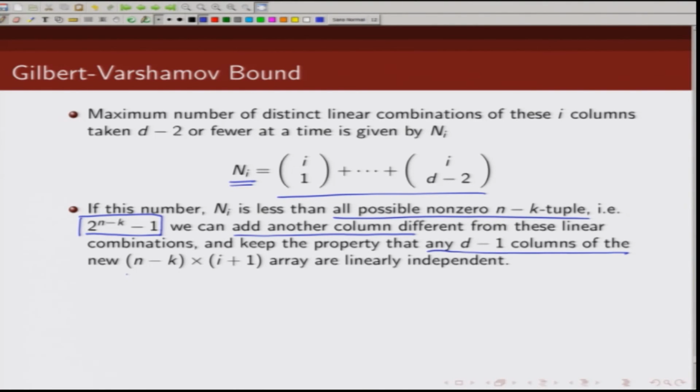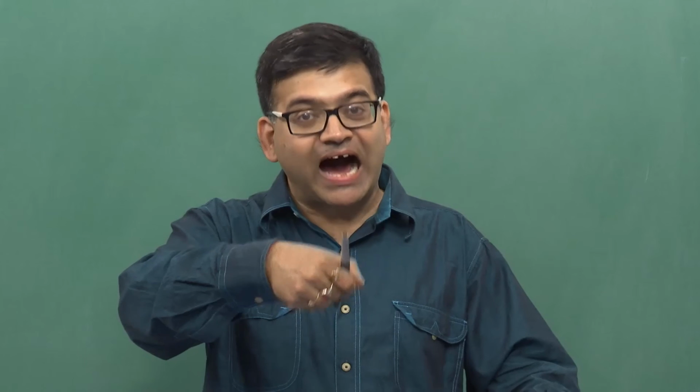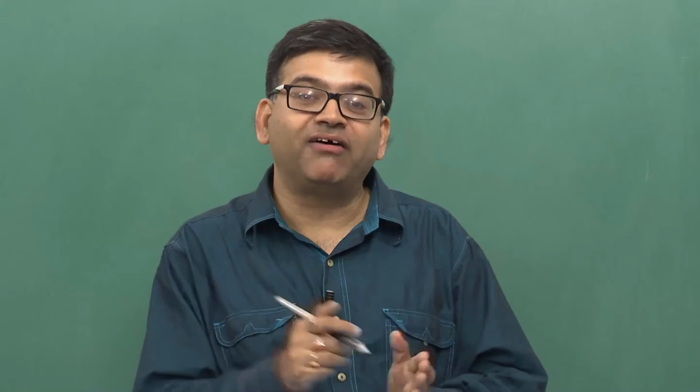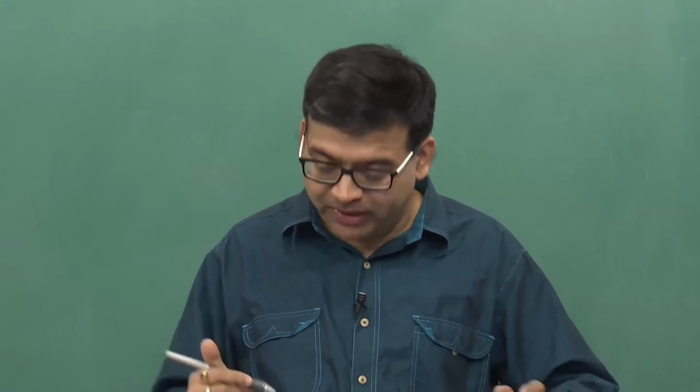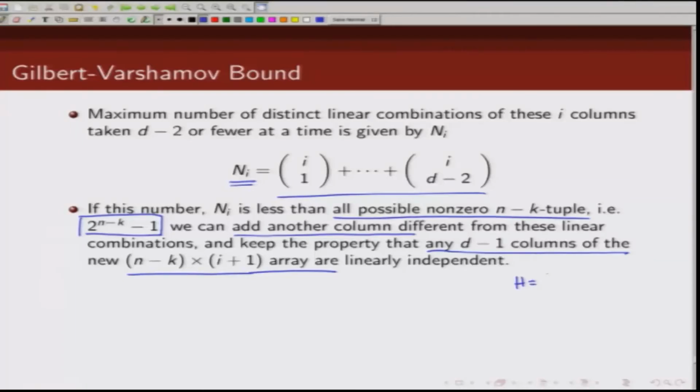So, this new n minus k cross I plus 1 matrix will be linearly independent. Now, we have to ensure that this property holds for all I up to n, because when we are constructing the parity check matrix, we have to construct a total of n columns.